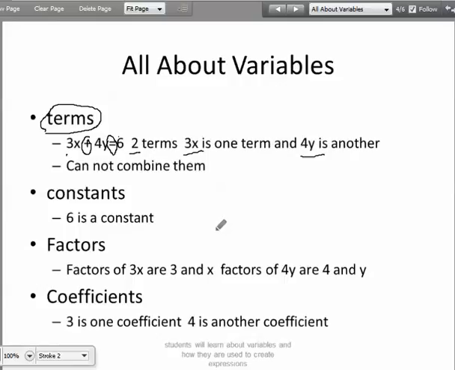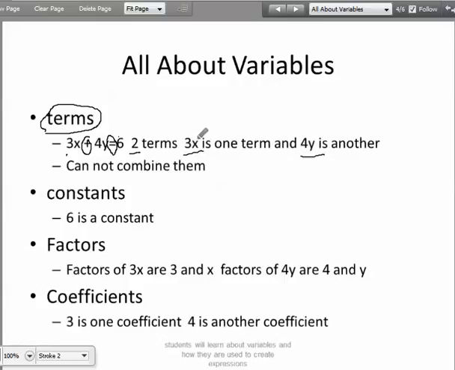I cannot combine x's and y's. It's like having dogs and cats in the same house. You don't combine them together. You don't wind up with little dog cats running around all over the place. They don't mix together. So that's the way it is with variables. If they're not the same variable, that means they represent something different and you don't want to add them together.